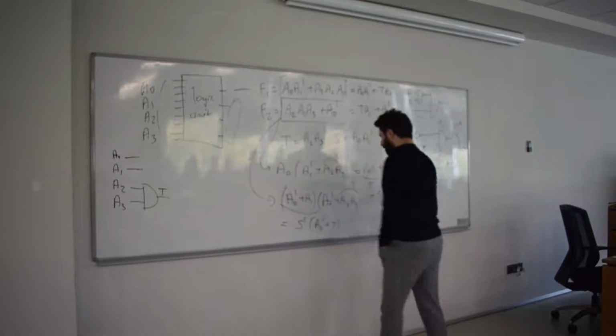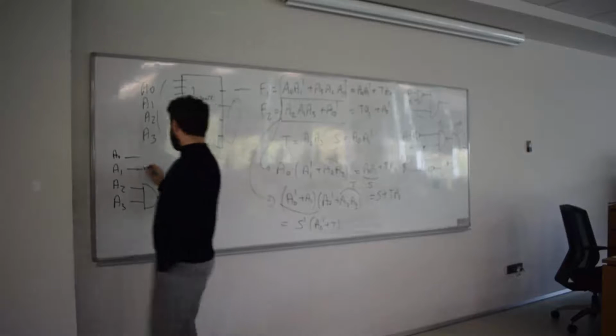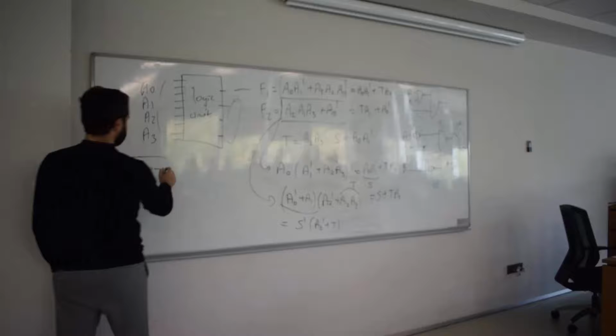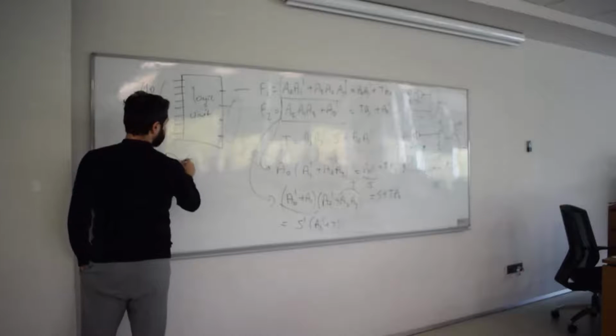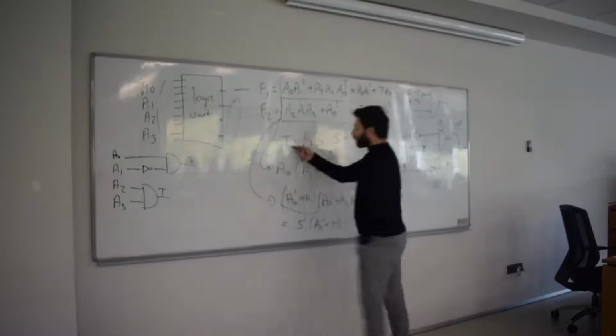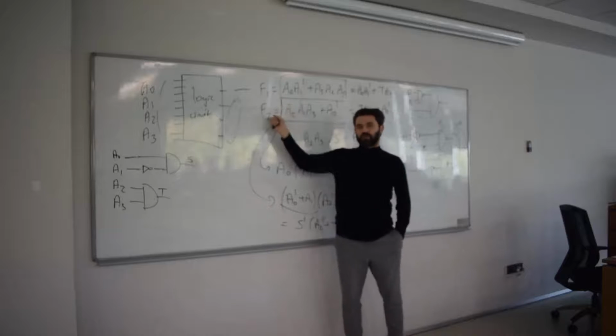Second common term is S, which is A0 A1 prime. So this is A0 and A1 prime. You AND them to figure out the S. That's my S. So after the common terms are implemented, now you go back to F1 and F2.